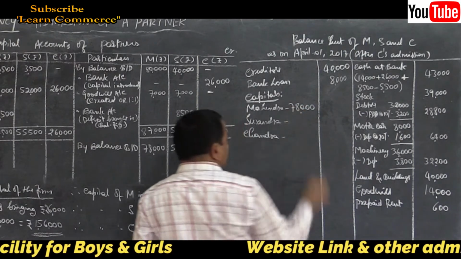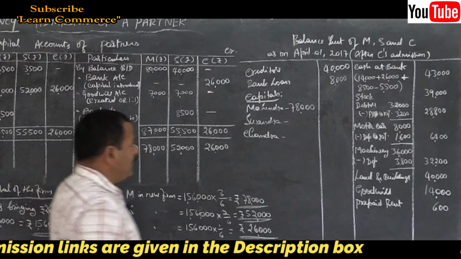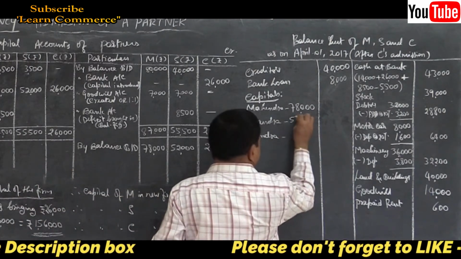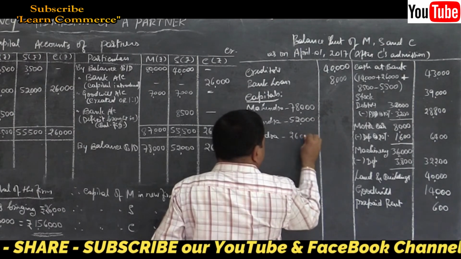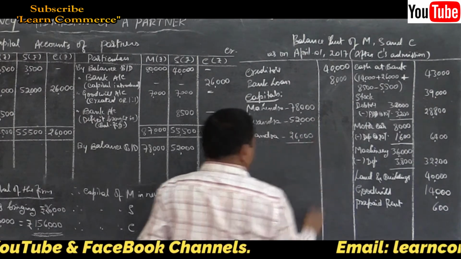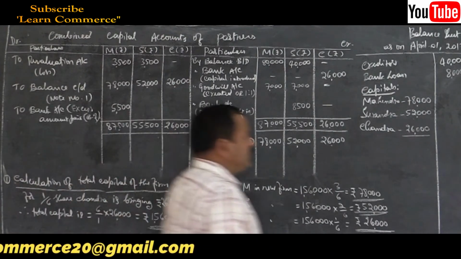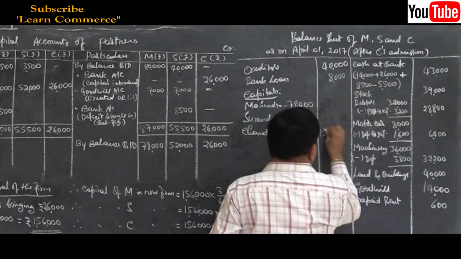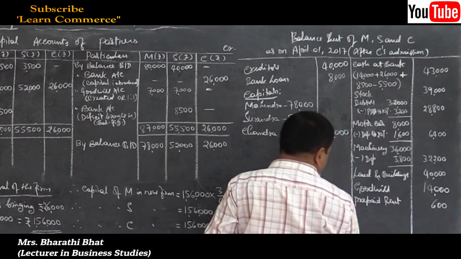We have already calculated. Refer here, working note. 78,000, 52,000 and 26,000, right? How much should that total capital be? The total, how much is it? 1,56,000. Now, write the total of balance sheet.